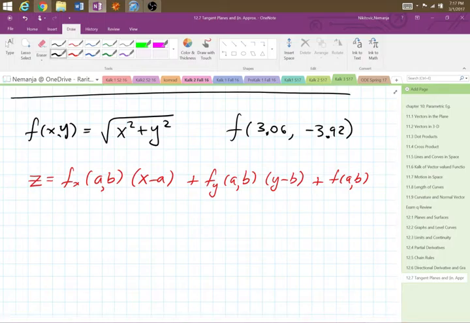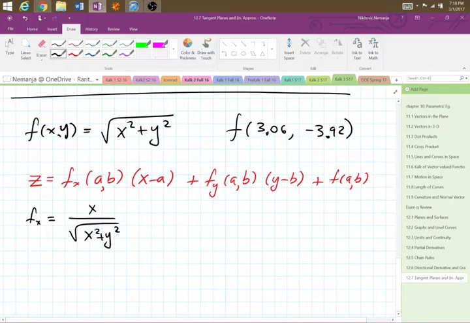So what do we do? What's f_x? Exactly. You start, it's x over the square root of x squared plus y squared, right? Awesome. The 1/2 you mentioned cancels with the 2 from the derivative, the chain rule.